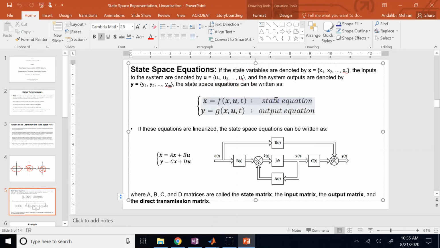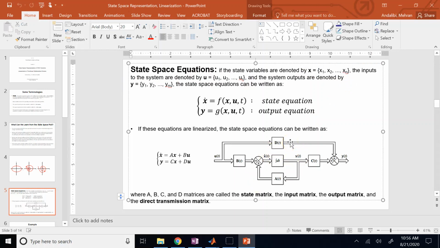First we do it general, then we go to single input, single output for most of them. But let's say your system has R inputs, it has M outputs. You show your outputs by Y, you show your inputs by U. So you have M outputs, R inputs, and then the states of the system are N. So you have N states here.